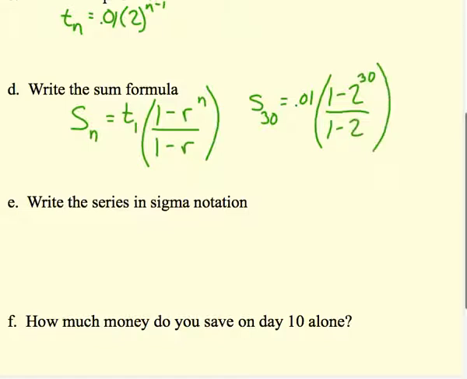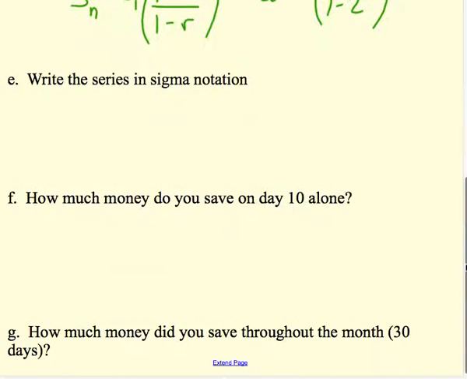And we'll evaluate that after we answer a few more questions. So the sigma notation, same thing as for the arithmetic series. We start with the first term, we're going to the 30th term, and we put the explicit formula as what we're taking the sum of.